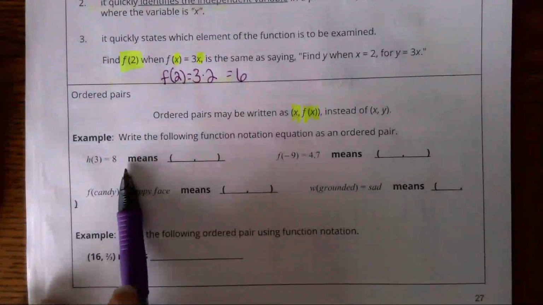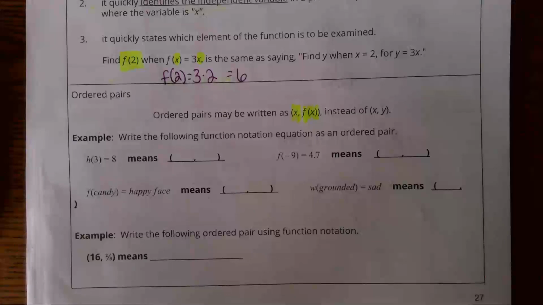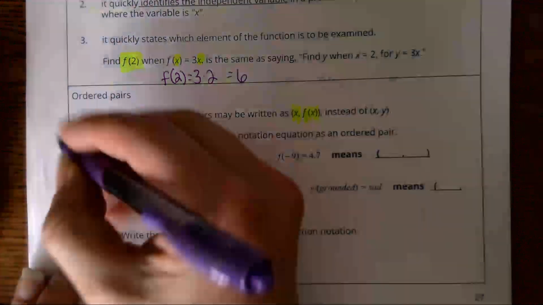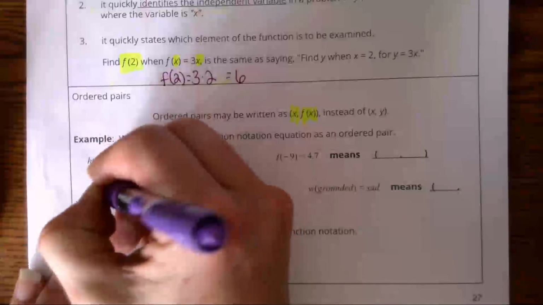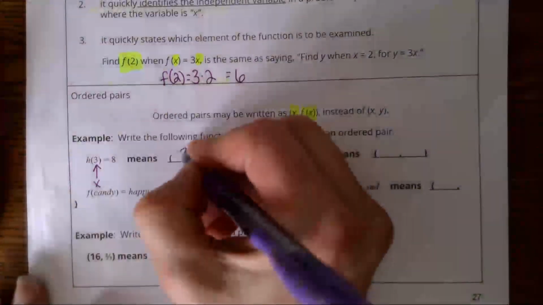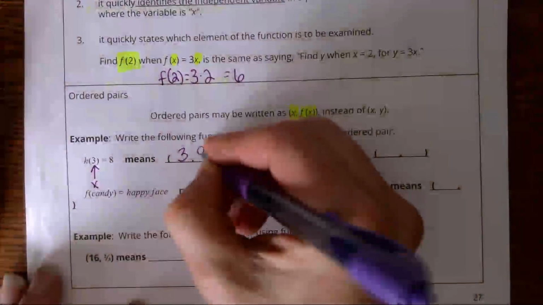Can somebody tell me what's the x and what's the y? Remember we said what was in here was h of x. So the 3 is the x, and the y would be the 8.